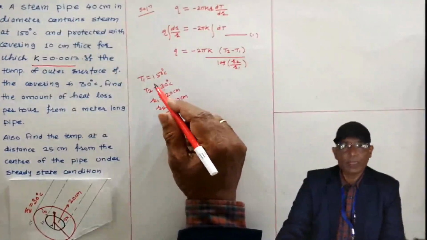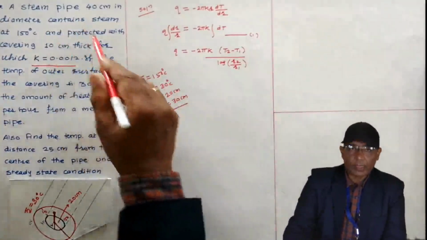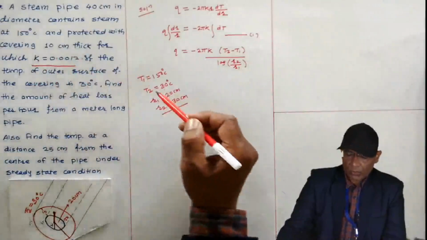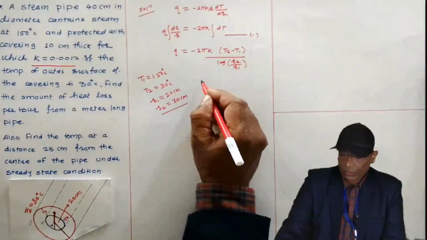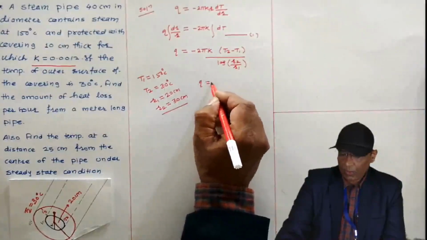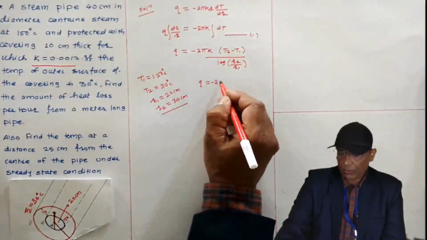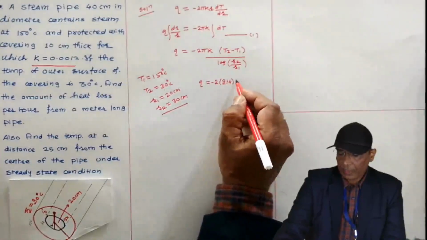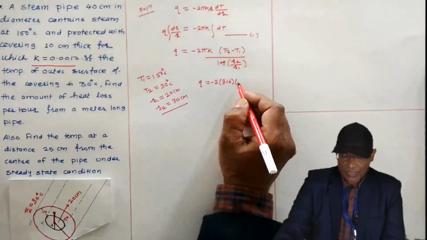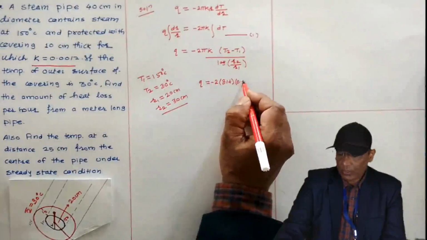R1, R2, T1, T2 values are there. And R1, R2, T1, T2 values may get changed in the examinations. Remember. Therefore, Q equals minus 2 pi K, where pi is 3.14. K is the thermal conductivity which is given to you, 0.0012.